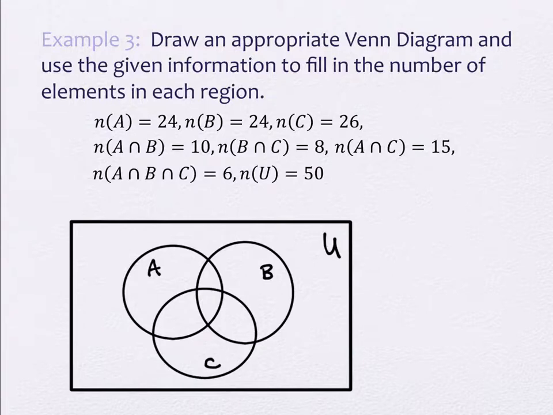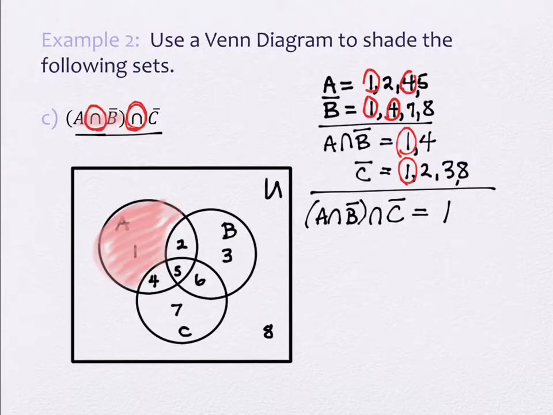All right. Now here's the deal. I want you to take a look at the set A. Now when we did the problem over here, we had the numbers 1, 2, 4, and 5 inside of circle A, right? Because there's 4 specifically different areas or regions inside of circle A. Some of them overlap with A and B, or with B, some of it overlaps with C, some of it overlaps with nothing, right?